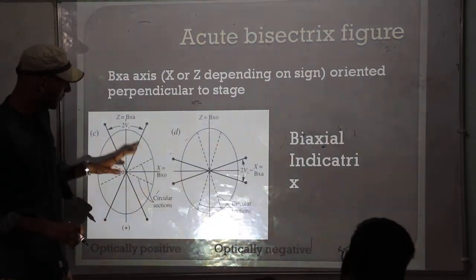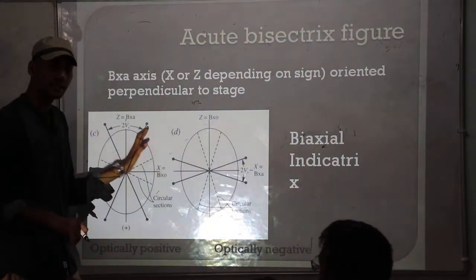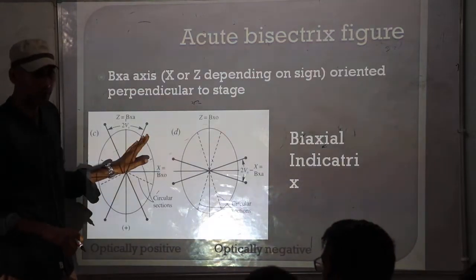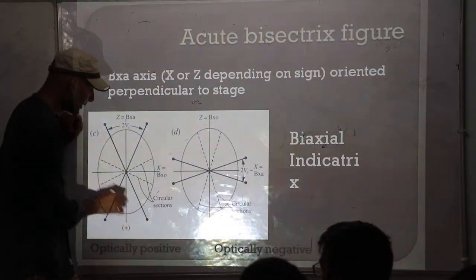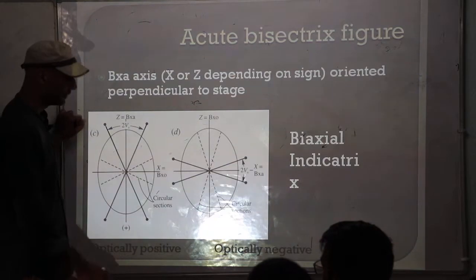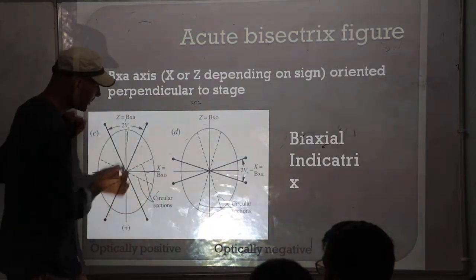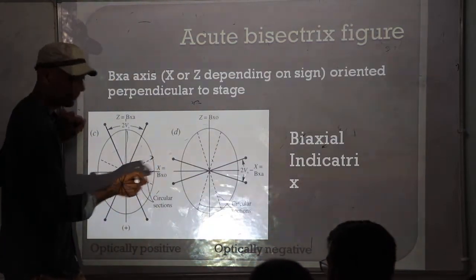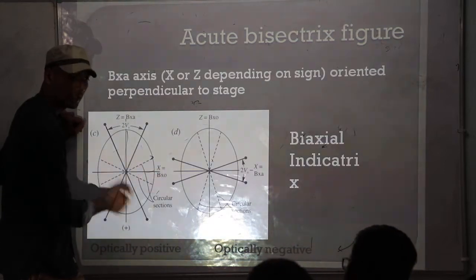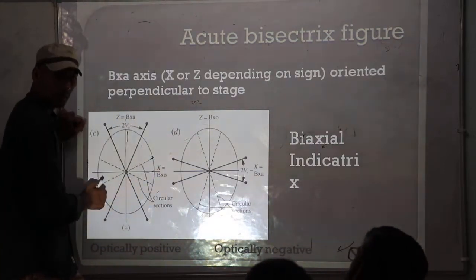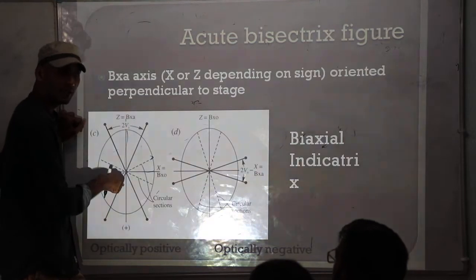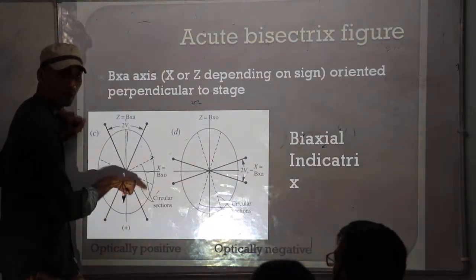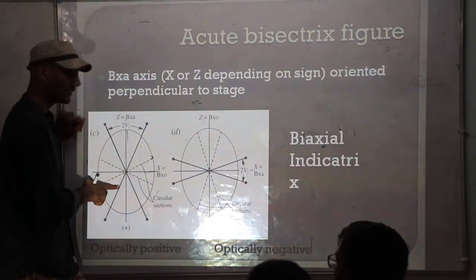And you can see both of the optic axes are present in the XZ plane. Why? Because this is minimum, this is maximum, here there is intermediate, then we are taking the circular section perpendicular. So all of the things we are doing in the XZ plane only.